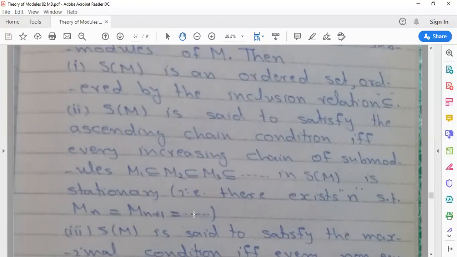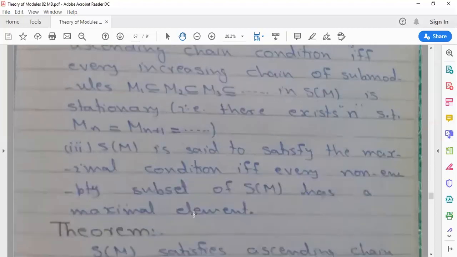This kind of sequence is called the ascending chain condition. And similarly, if we change this symbol to superset, M1 superset of M2 superset of M3, this is called the descending chain condition.